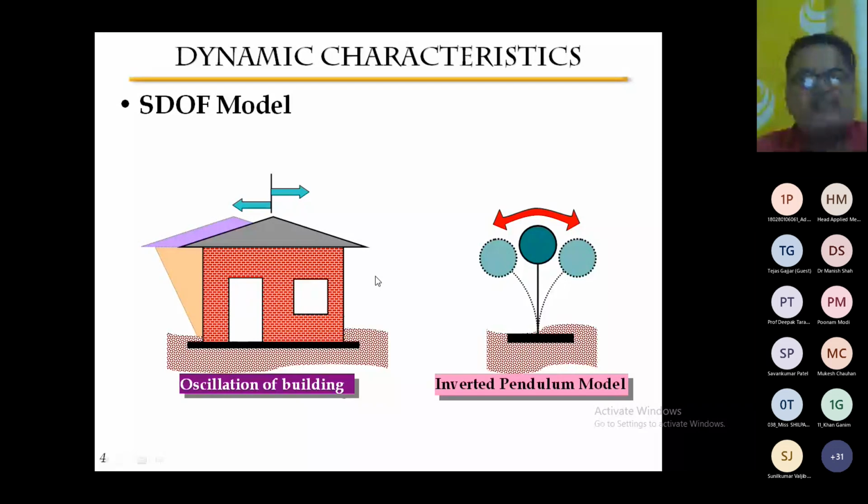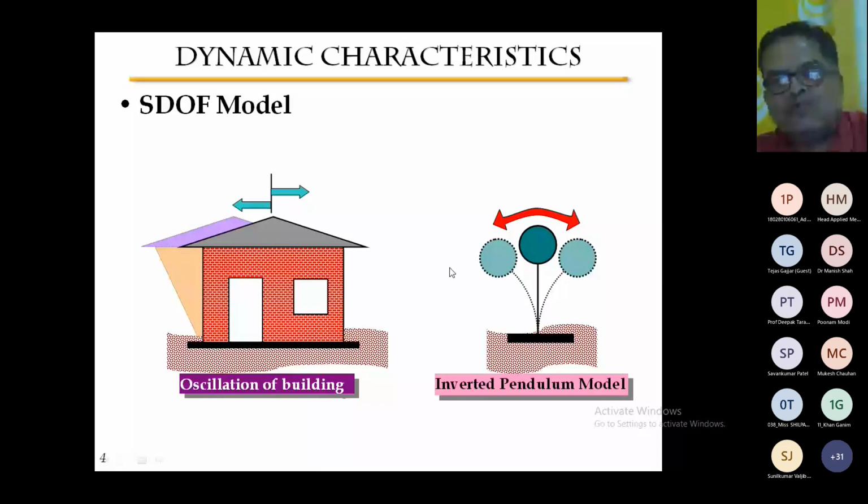So the masses present in the building will exhibit inertia, and because of that, an inertia force is induced in the system. This inertia force is produced because of the earthquake, and it is known as earthquake force. So earthquake force is nothing but the inertia force. It is mass times acceleration.